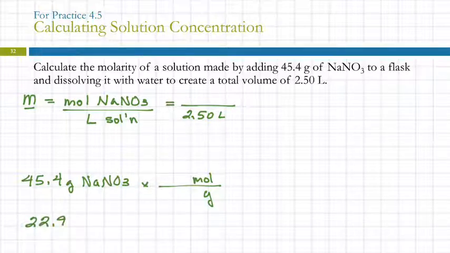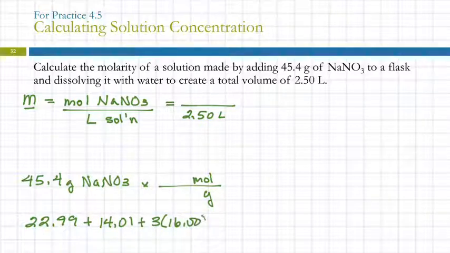So there's 1 sodium, 22.99, and there's 1 nitrogen, 14.01, and 3 oxygens, 16.00. I'm getting 85. Does that mean it's exact? No, it just happened to be a whole number.